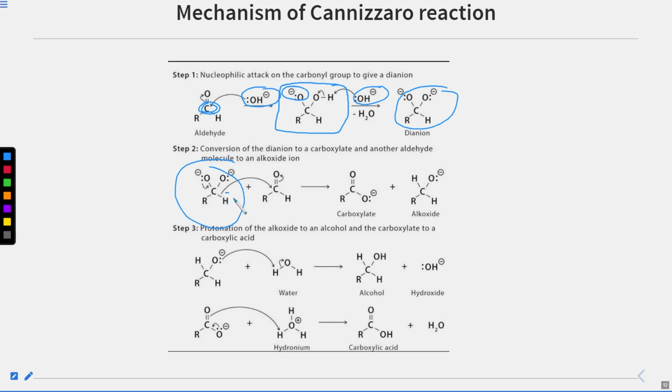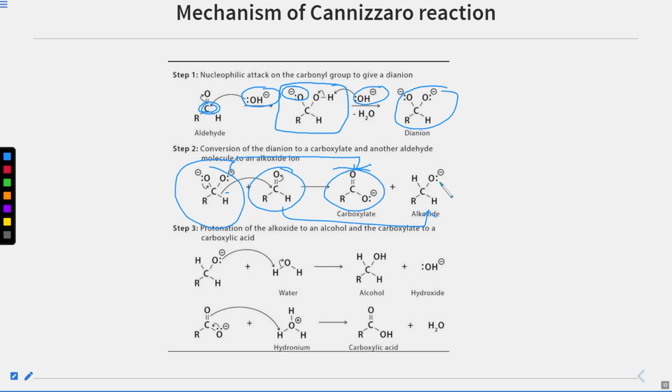Now this hydride will be donated onto this center and it is reduced to an alkoxide because we are adding one hydrogen. On the other side we are converting the dianion to a carboxylate, because now the carbon has a double bond with oxygen rather than a negative charge on both oxygens. So this is your carboxylate plus one alkoxide.